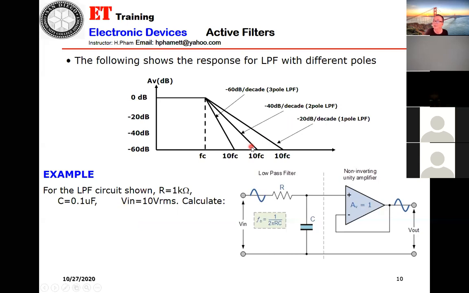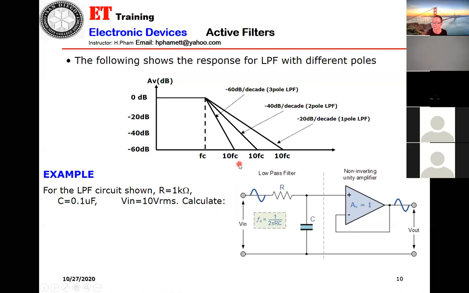The same 10 times, but this signal will be for two poles. The more poles, the closer it goes to the ideal. That's telling you that the 3 pole is the best on this display.